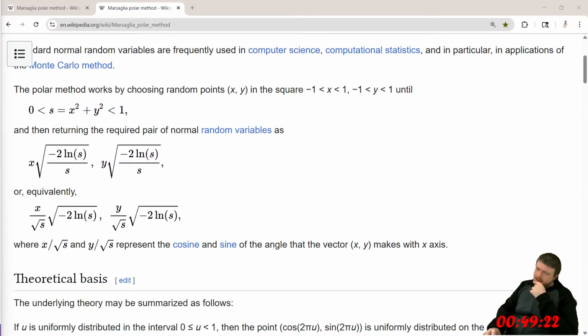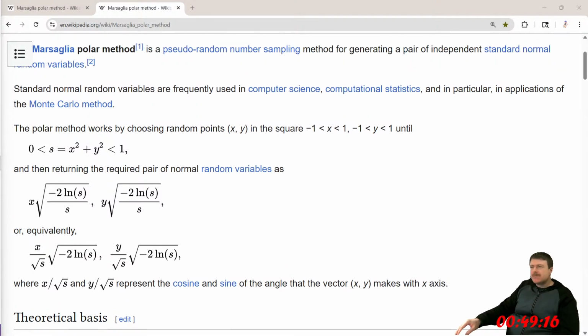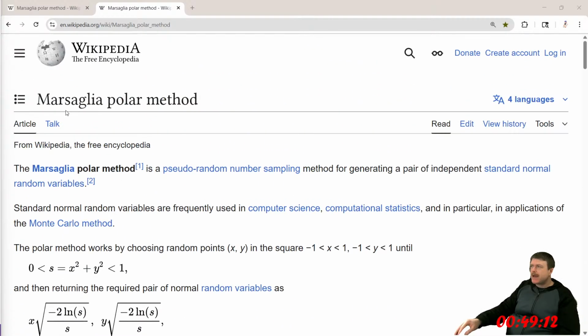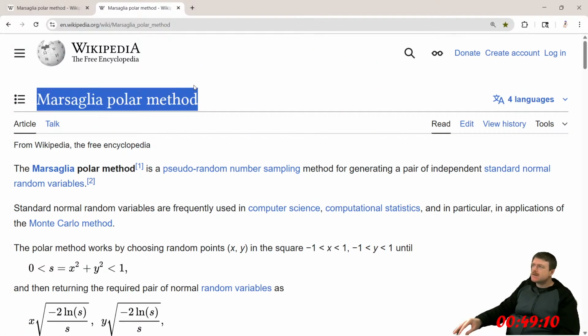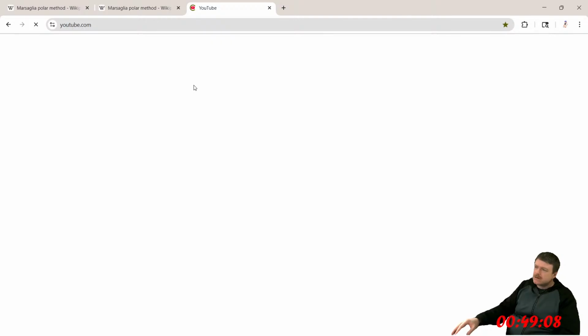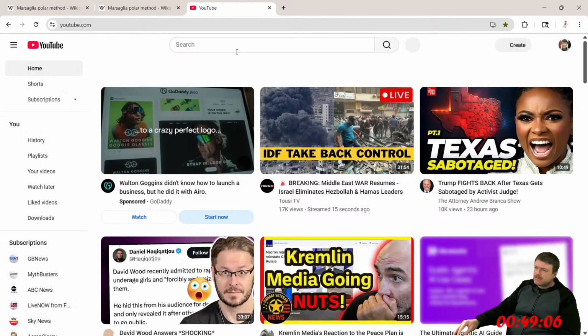Cosine and sine of the angle at that vector. Okay. And so here, let's see if we can find a video that explains this math, because I think this is a very interesting video.